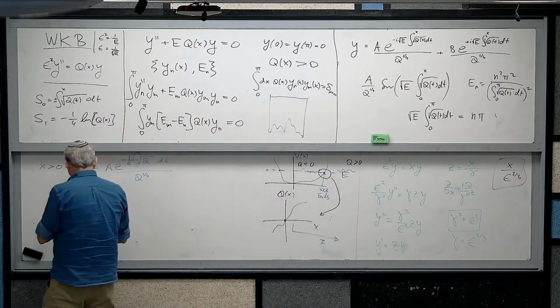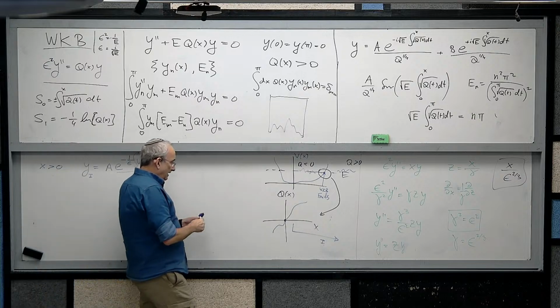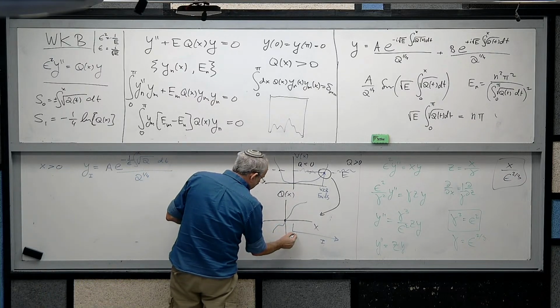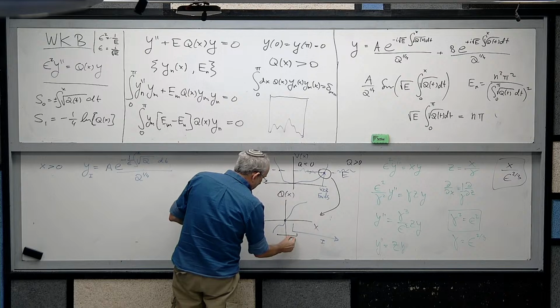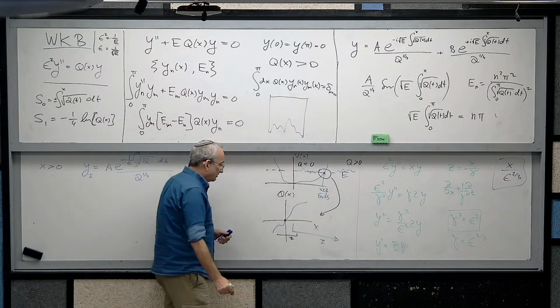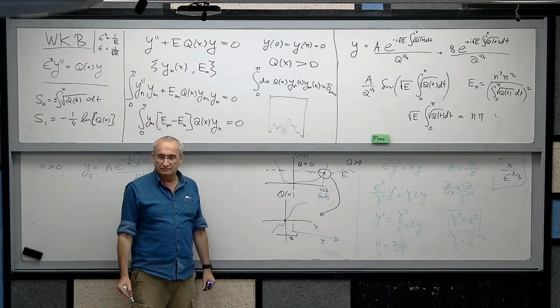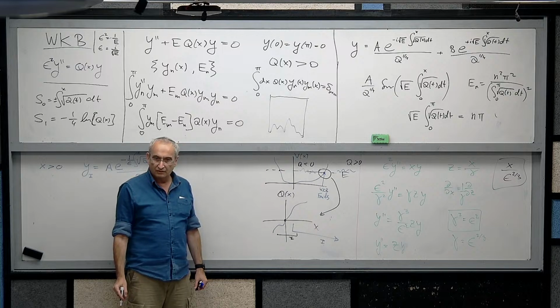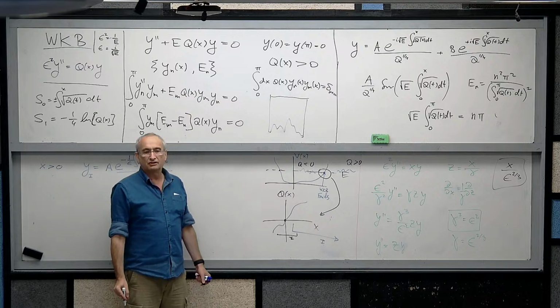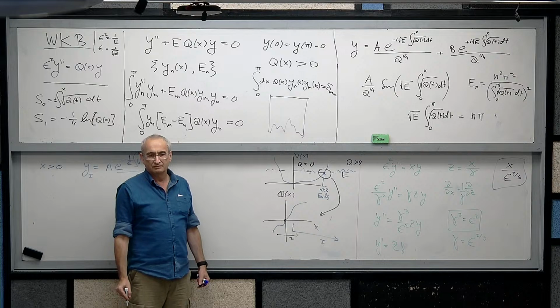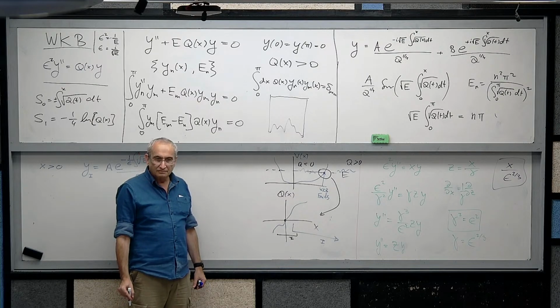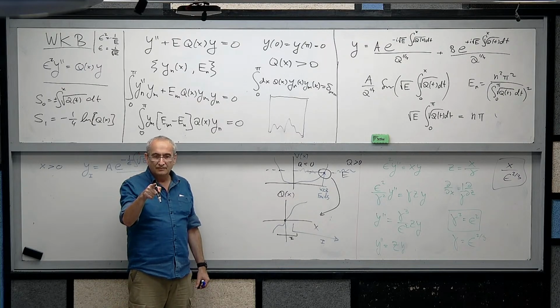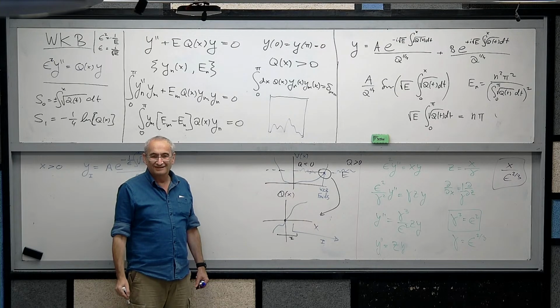Now, here in this region, let's call it region number 2, I cannot use WKB. What should I do? Matching with the inner quadrant?